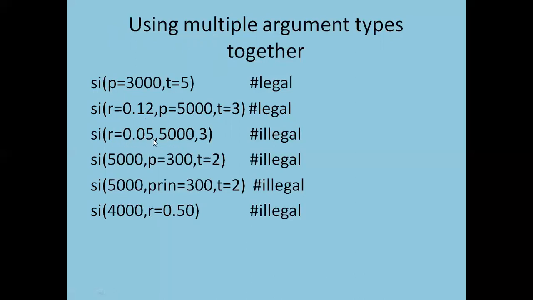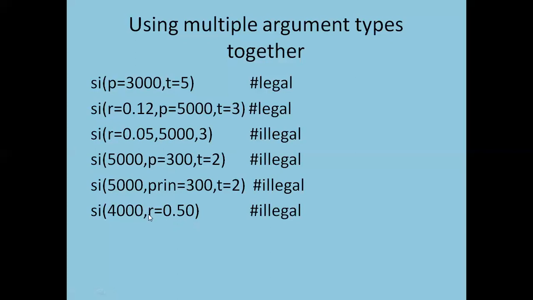So if you try writing like this, it will not work because this 5,000 is taken as a positional argument value, and here 5,000 is considered as the principal value. And again, I'm defining P 2 times. So this will not work. And if I write this, there is no print in my function definition, so this will not work. So this is illegal as well.